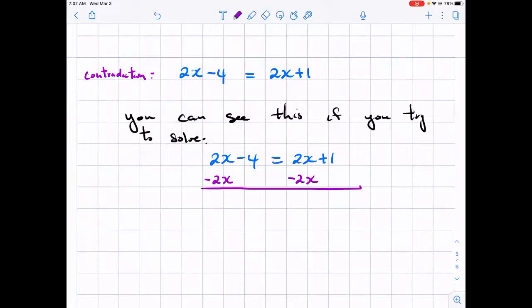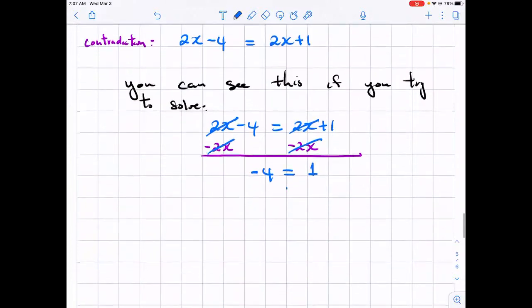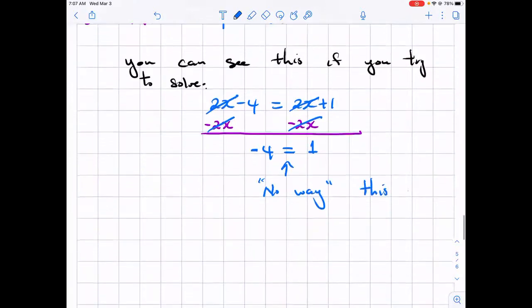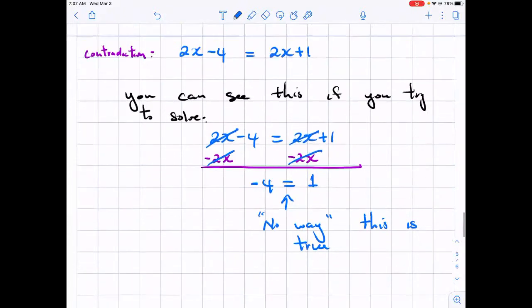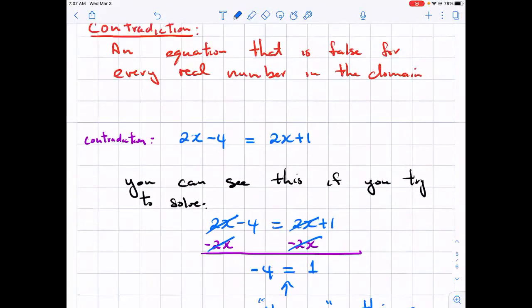You will notice that the plus 2x and the minus 2x cancel. That leaves me with minus 4 is equal to 1, and there is no way this is true. It's impossible. And when this happens, we say this is a contradiction.